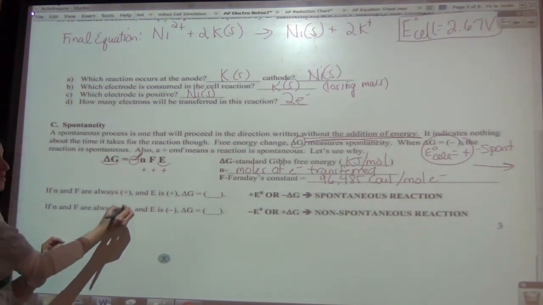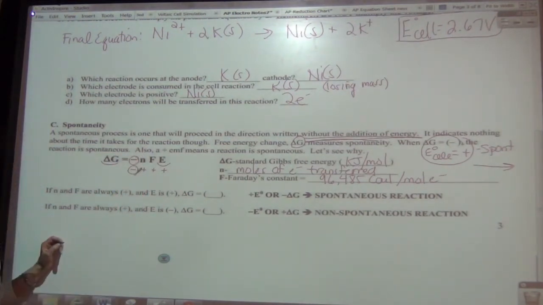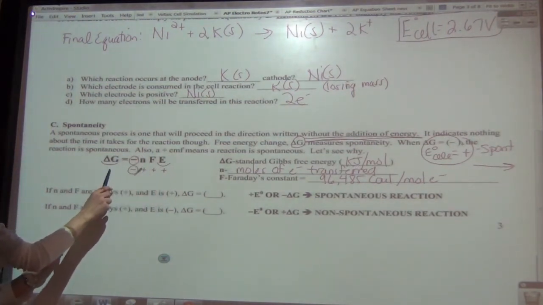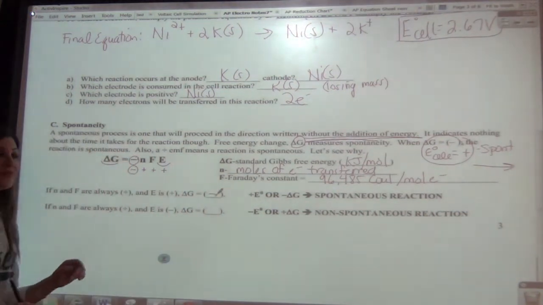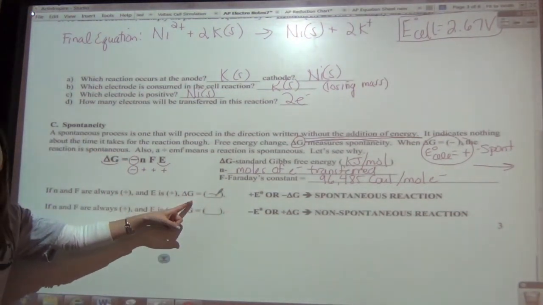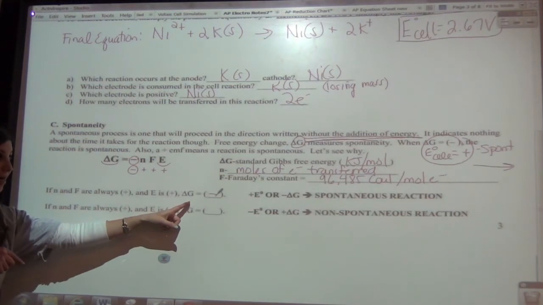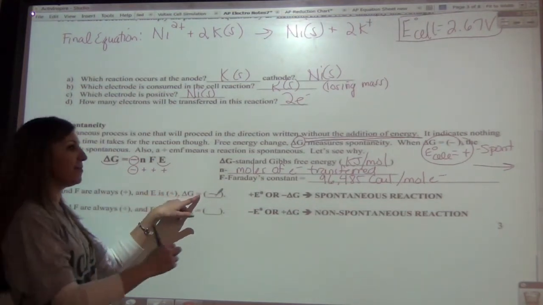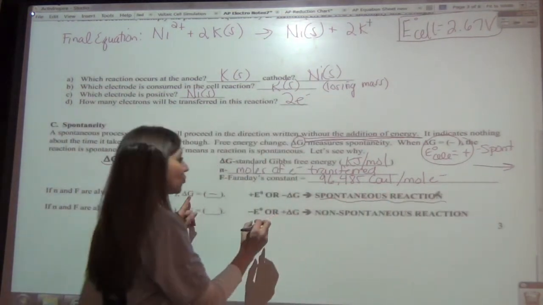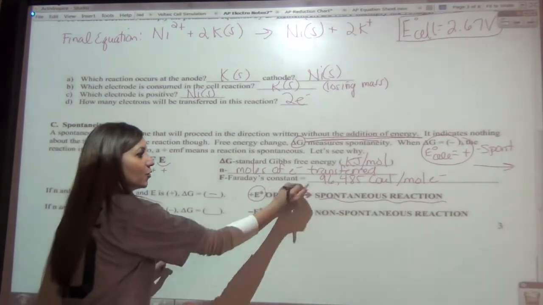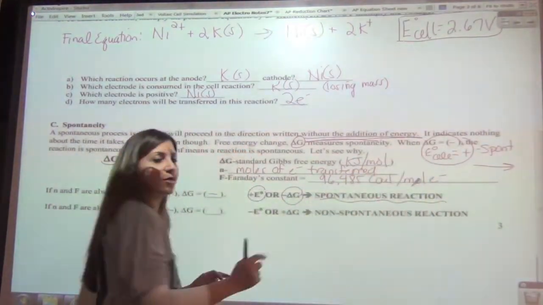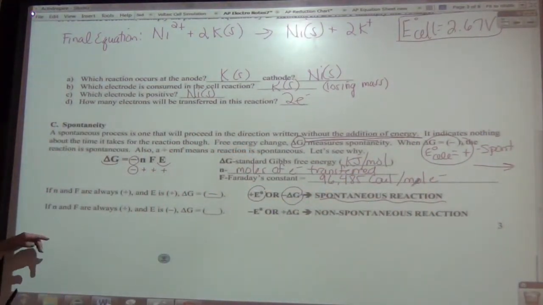Negative. Why? Because there's a negative sign in front of a bunch of positives, and that makes this negative. And we said that if delta G is negative, that makes it spontaneous. That's why a positive E cell, or a negative delta G, would tell you you have a spontaneous reaction.